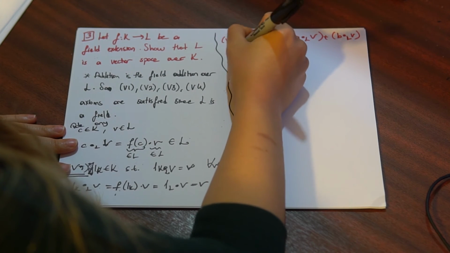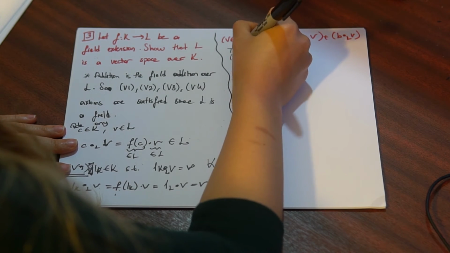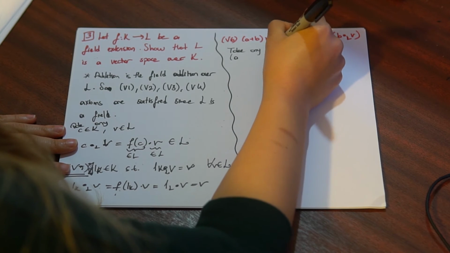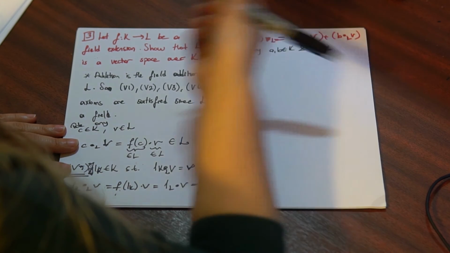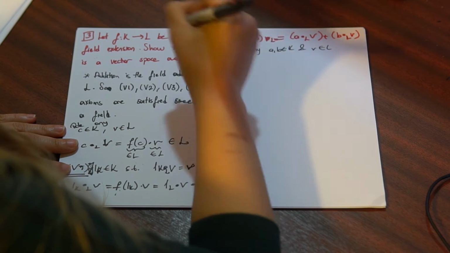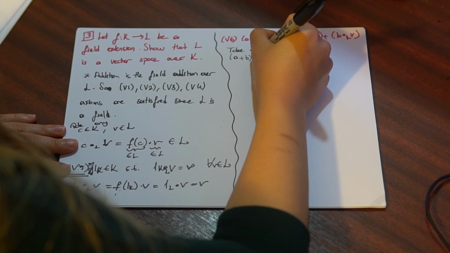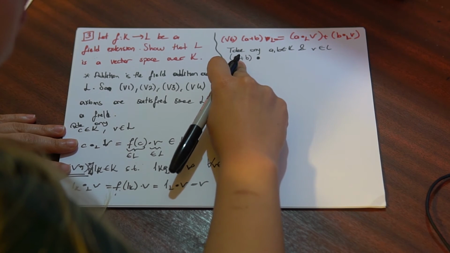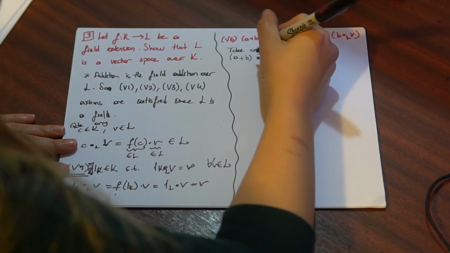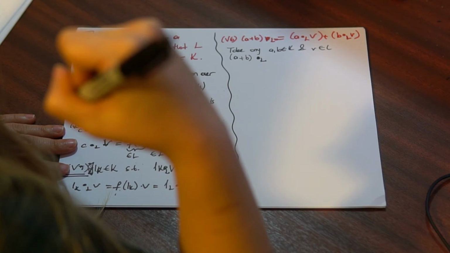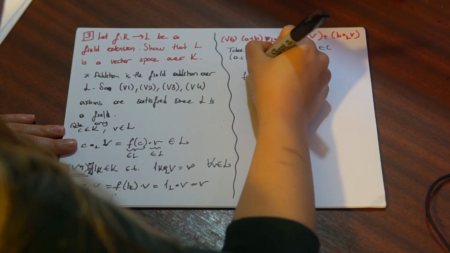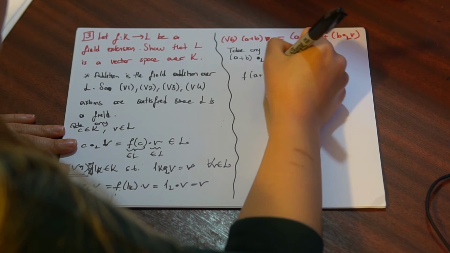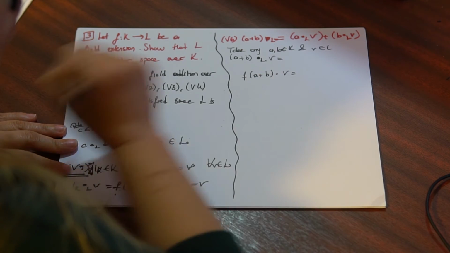Take any a, b inside of K and v inside of L. A plus b, this is the addition under K, times v is equal to f of a plus b times v.